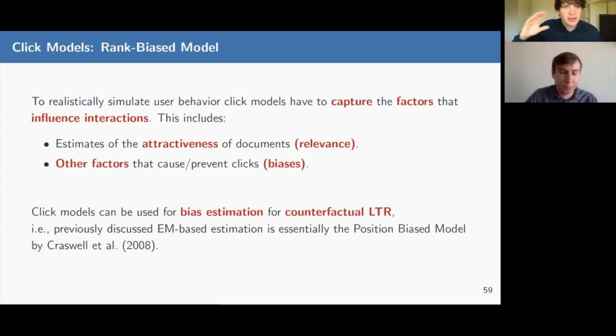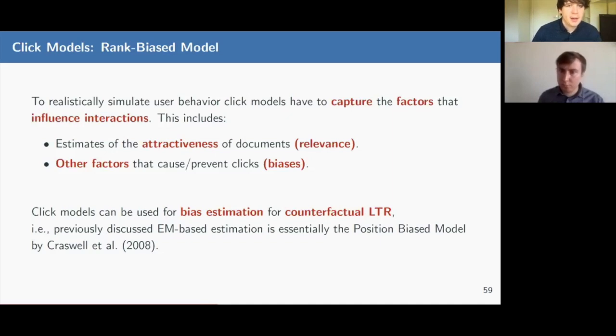To get a realistic model, you have to capture all the factors that influence interactions. So here we again see that you have to estimate attractiveness for documents, what we have called relevance so far, but also other factors that we call biases. For instance, position bias is one of them, because these all affect user behavior, so you need to model them if you want to really simulate that behavior.